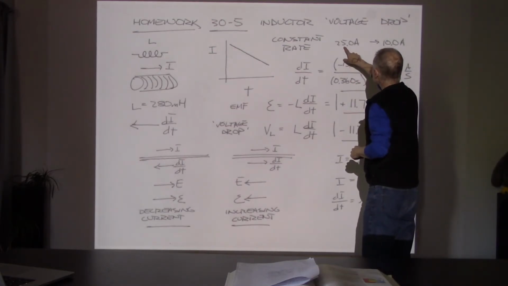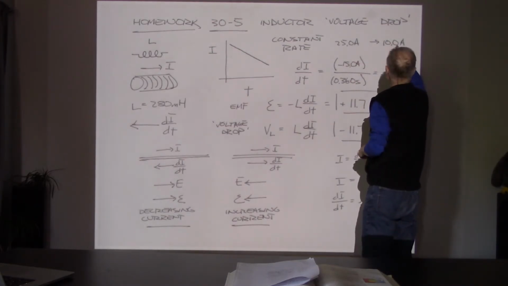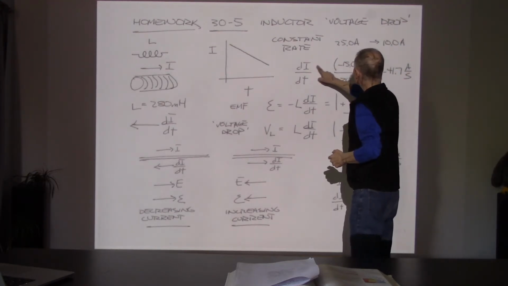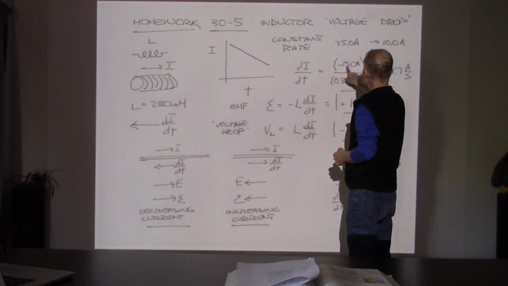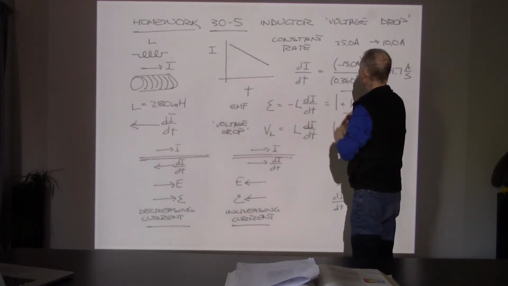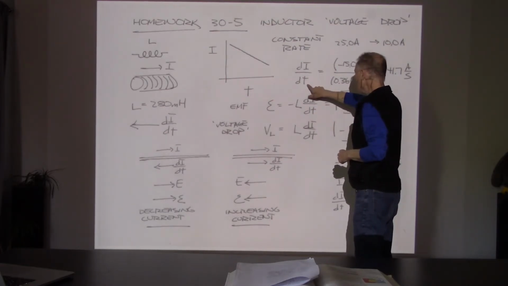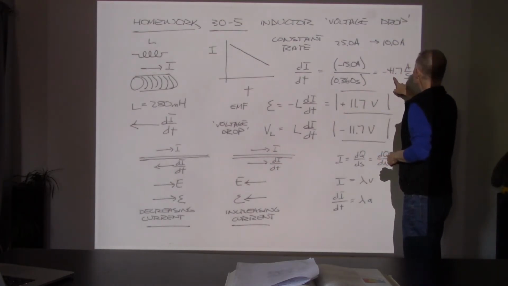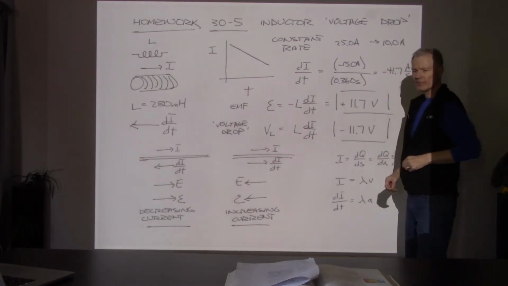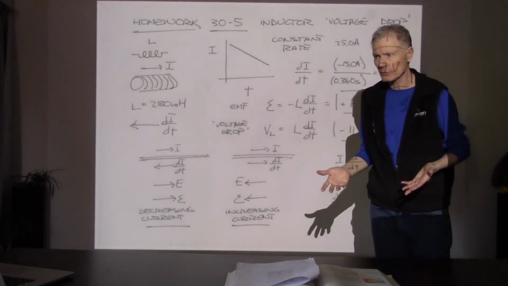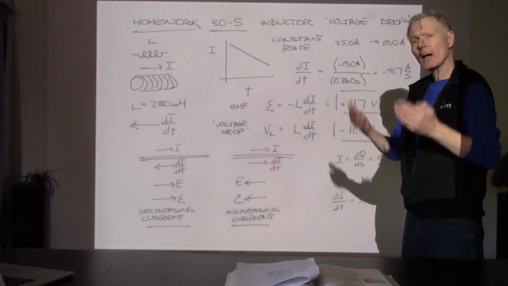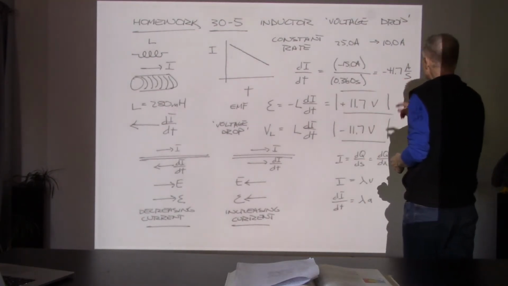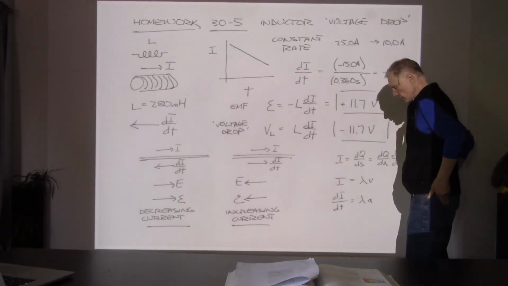They told us that we dropped from 25 amps to 10 amps. So I take that back, they did tell us. The di here is minus 15 amps. The current dropped by that much during a time interval of 0.360 seconds. That gives us a negative 41.7 amps per second, and that's the rate at which the current is coming down. So it's decreasing by that amount every second.